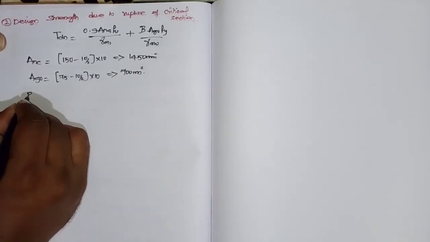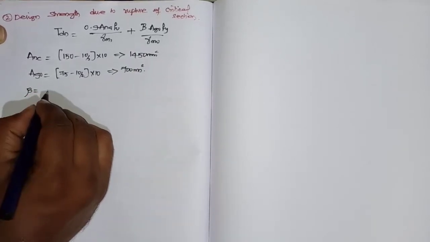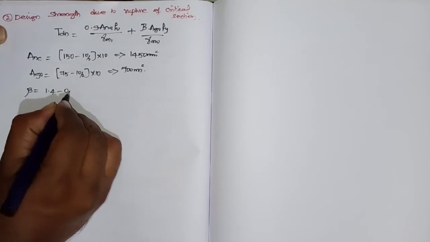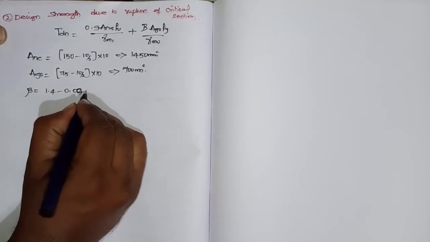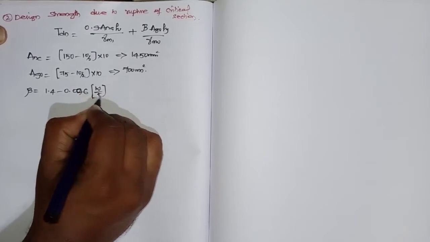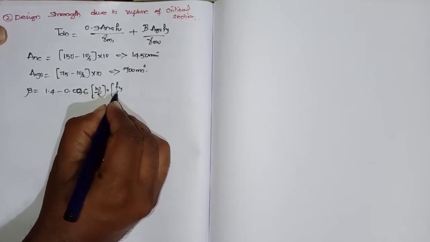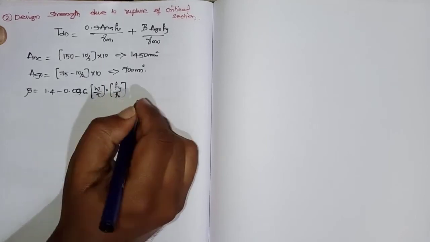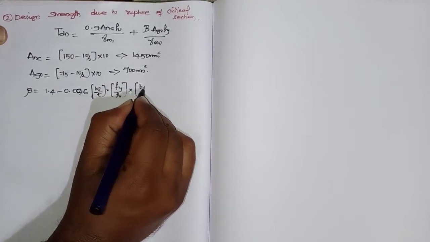Next, what is the beta formula? Beta equals 1.4 minus 0.076 into W by T into Fy by Fu. If it is remembered, it is well and good.